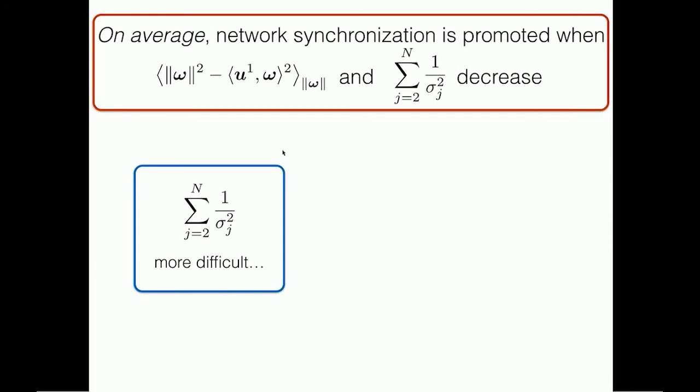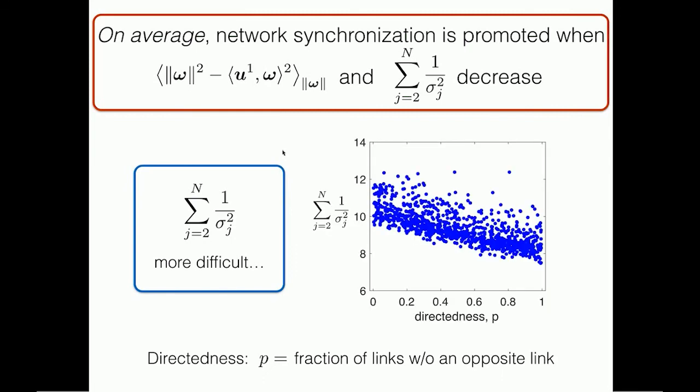I'm going to have to not share that at the moment. We're in the process of organizing some stuff, so you'll have to stay tuned for that. But what we can do at the very least is show some simulation results. And you can see that with the directedness in a network, this quantity does also decrease. All right. So in fact, both of these quantities that should decrease tend to decrease as directedness increases.